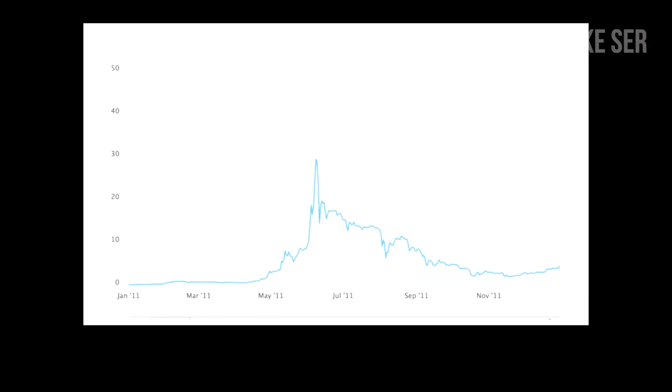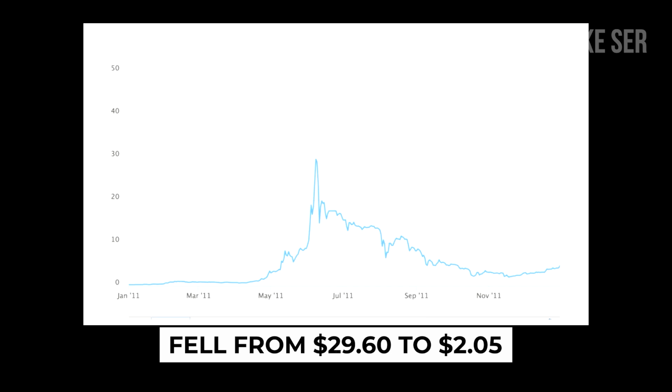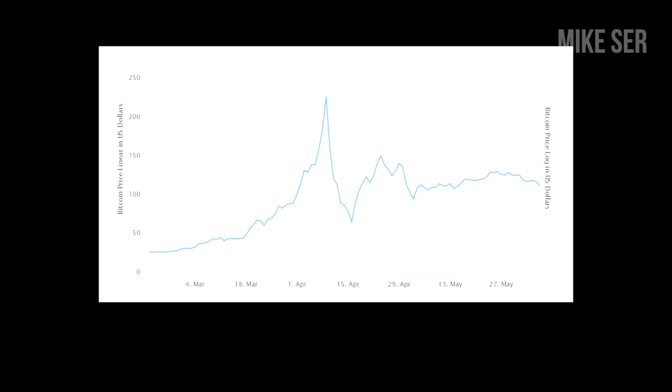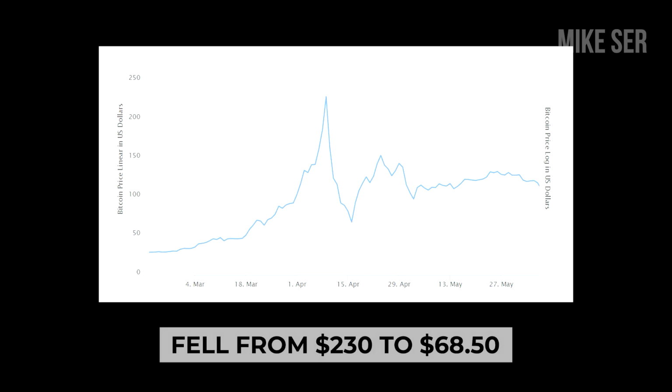For example, the first major crash of Bitcoin was in June 2011, when it reached $29.60, only to see it fall to under $2.05 by November 2011. Also in April 2012, it reached another peak to $230, but only to see it fall to $68.50 in only 3 months.